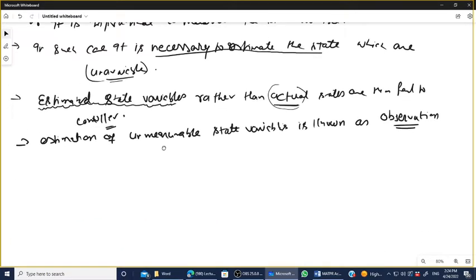And now another term, the observer. What does observer mean? Observer means estimator.